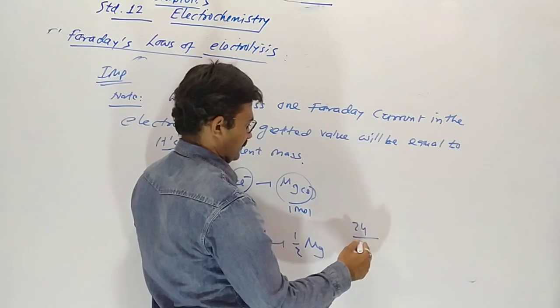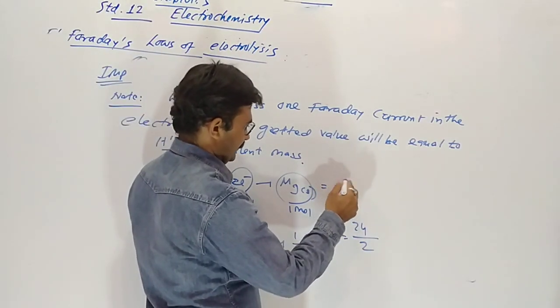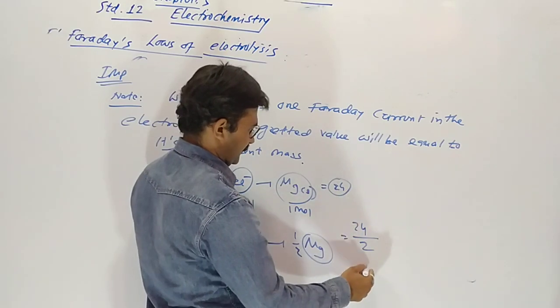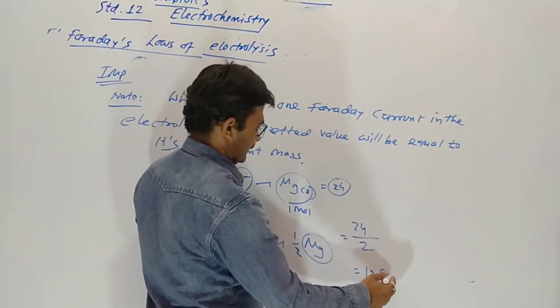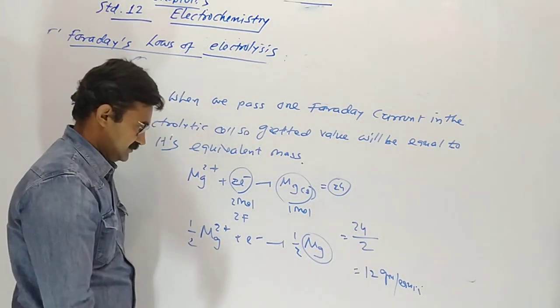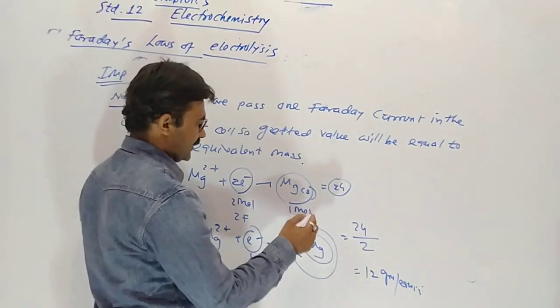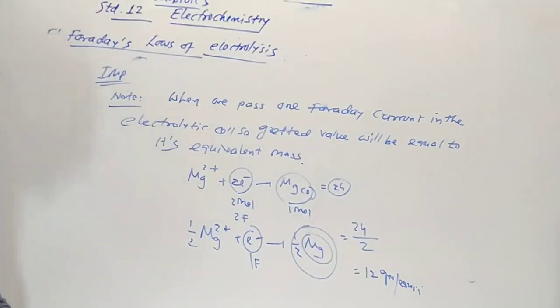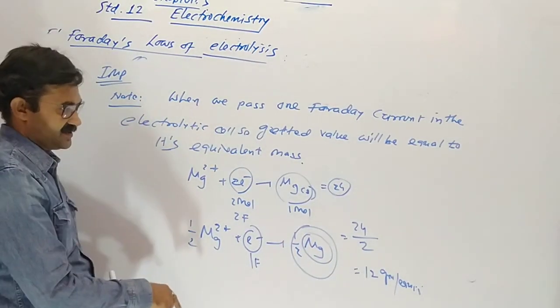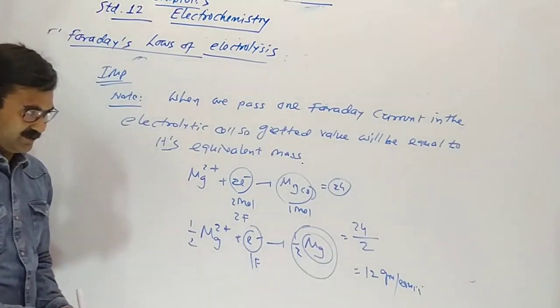Atomic mass of magnesium is 24. Here 24 by 2, 12 gram per equivalent. When we pass 1 Faraday, the deposited value at any electrode of a particular substance is equal to its equivalent mass.